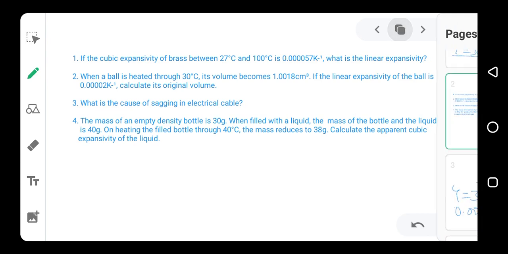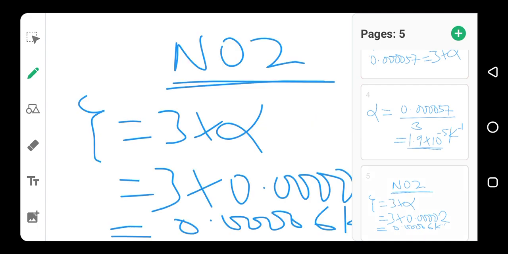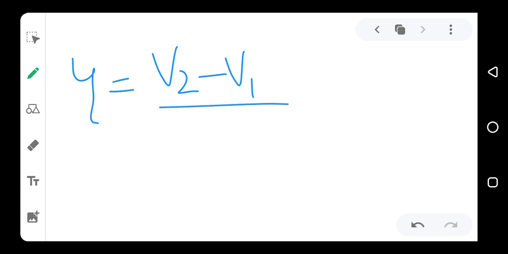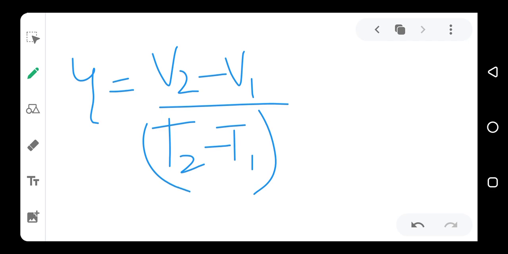So it becomes, we now say that gamma is equal to V2 minus V1 over T2 minus T1 times V1. Now V1 is the original volume that we are looking for. That is the initial volume.